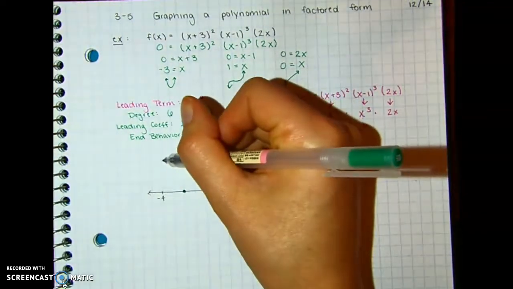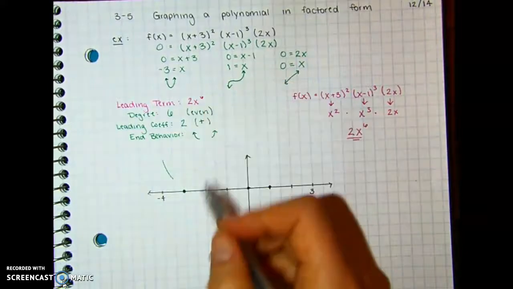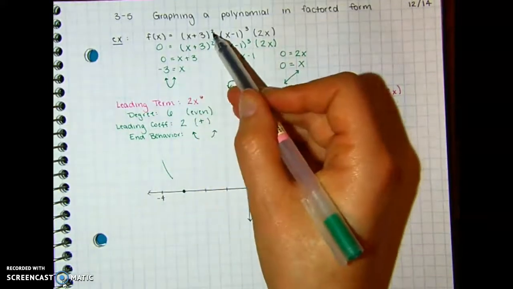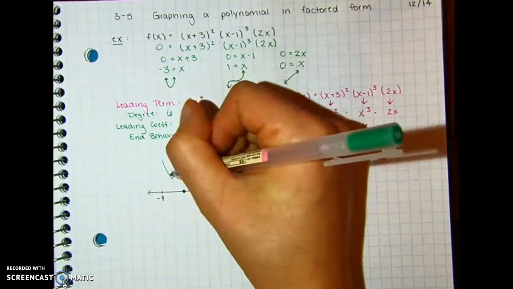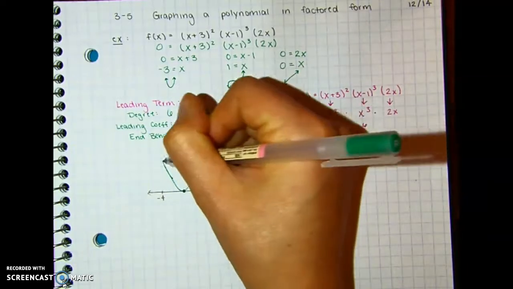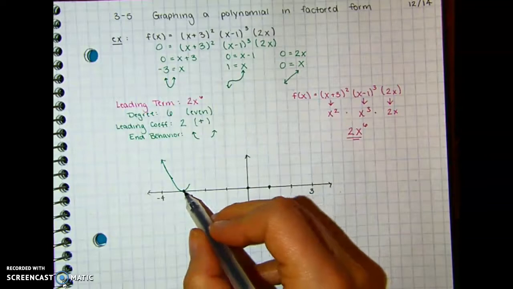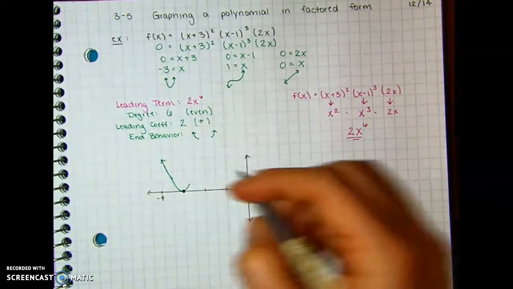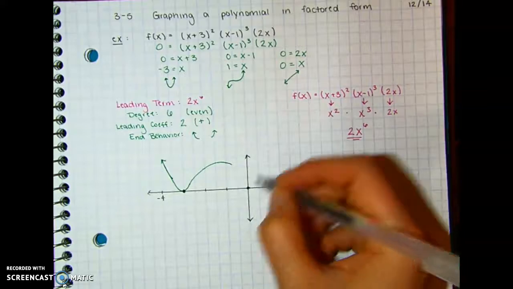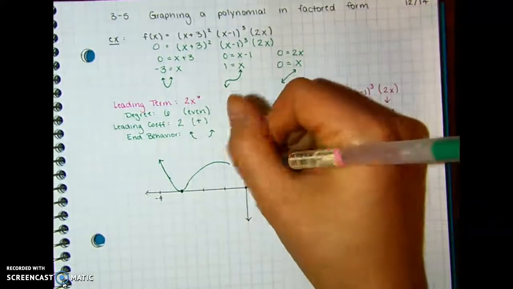And I'm going to come down, and then I need to go, okay, how am I supposed to intersect here? Because this has an even exponent, it's going to bounce off. So I'm going to come down and bounce off. And then in between here and here, I need to turn. And how am I going to intersect at 0? I'm going to go straight through.